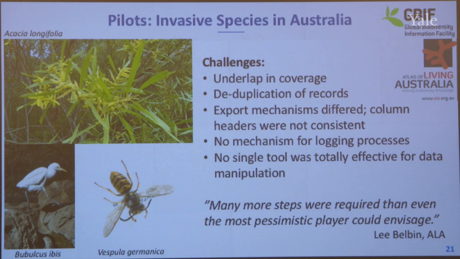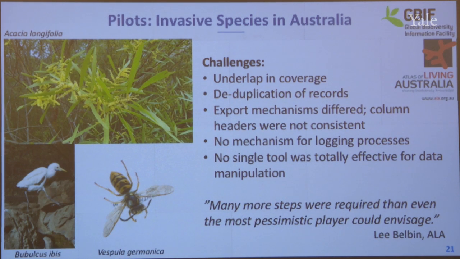So that's all theoretical. Over the last couple years, my colleagues at both the Global Biodiversity Informatics Facility and the Atlas of Living Australia did 3 different pilot studies looking at the feasibility of developing these data cubes that I showed previously. And they worked with three species in particular. The first one is an acacia.